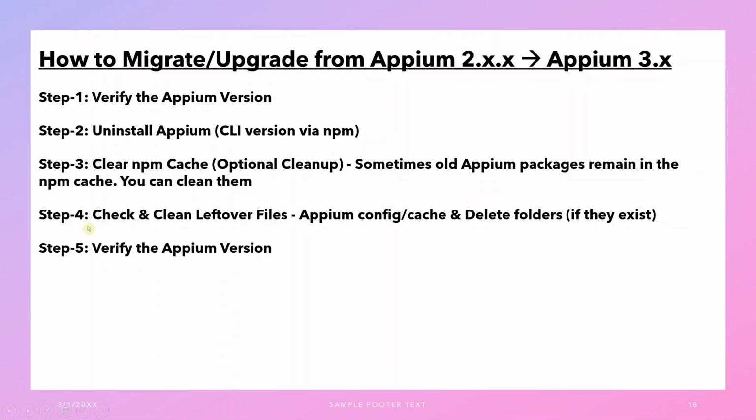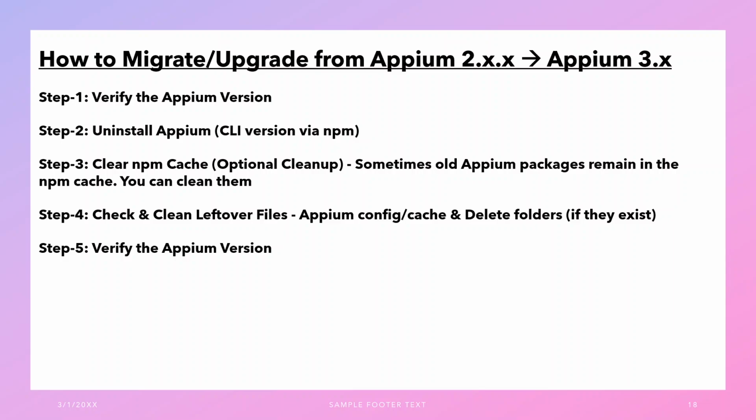In step number 4, check and clean the leftover files, that is the Appium config cache, and delete the folder. How can we check and clear the leftover files or folders?